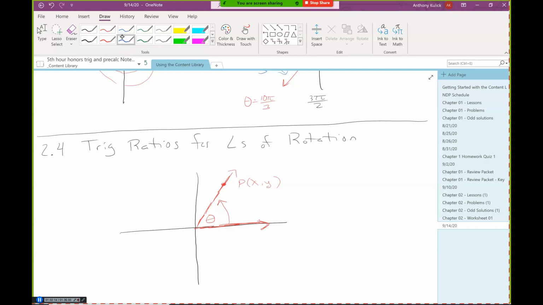What I'm going to do now is build a right triangle using this point xy. So I'm going to draw a line straight down to the x-axis and then straight over to the origin and then back to the point, which makes my right triangle. Is everybody okay there?